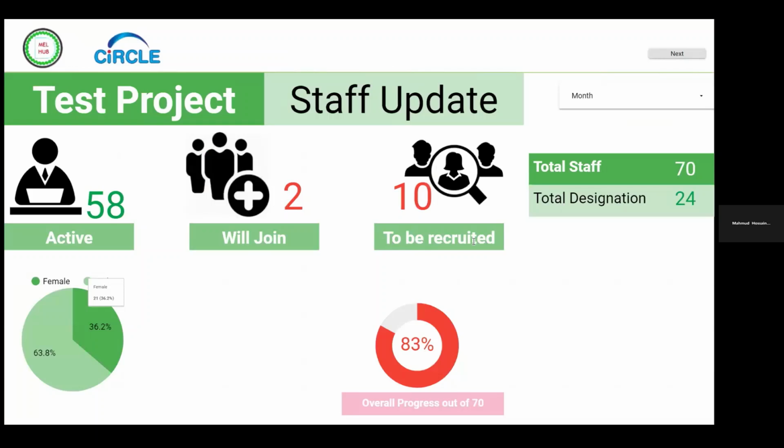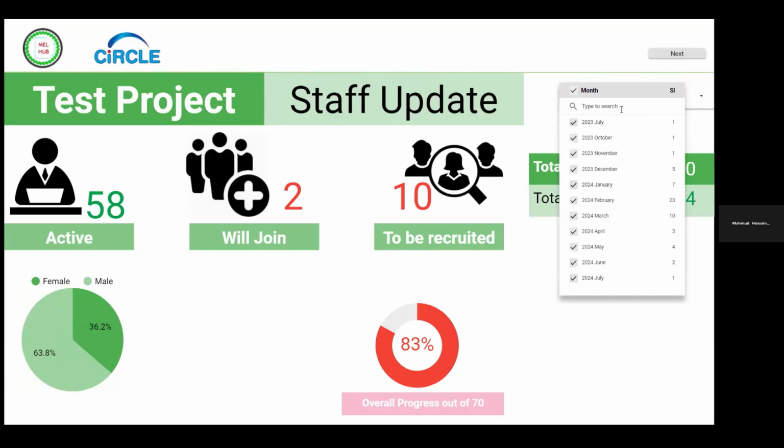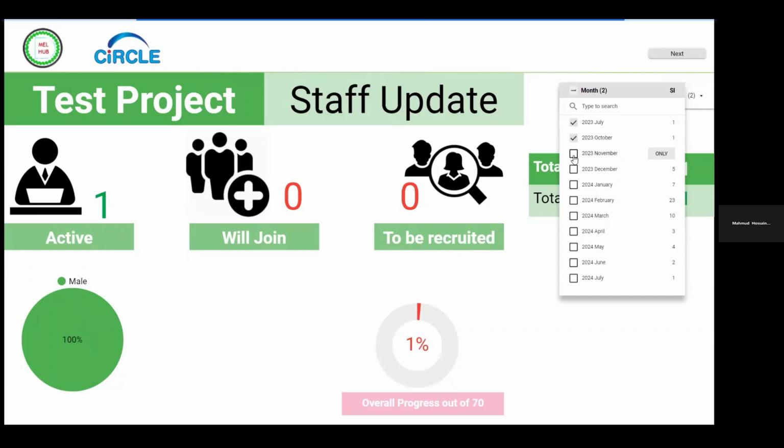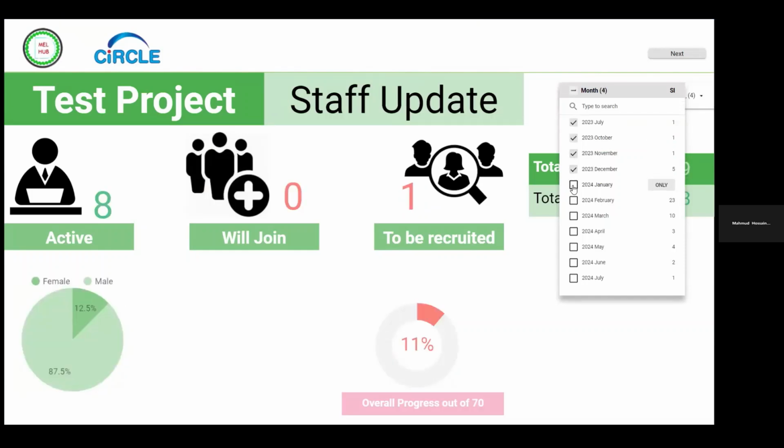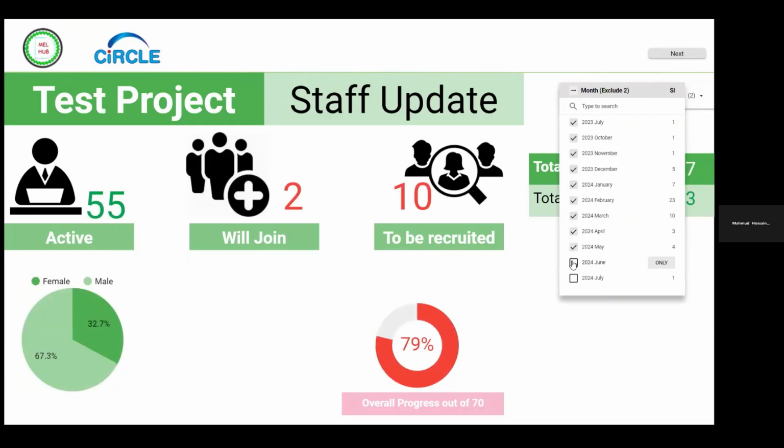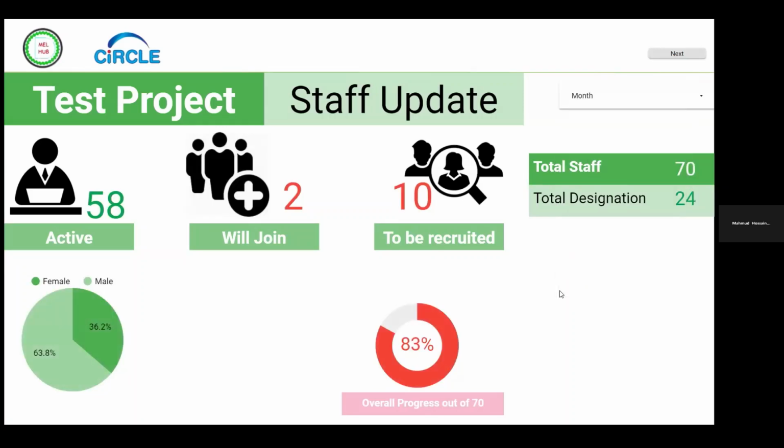We can just go through this. This is our test project. For our staff, we see active staff, joint staff, recruited staff. Here are the male and female among the active staff and the progress rate. Our total staff is 70 and resignation is 24. We can easily track the progress from July through October, November, December, January, February, March, April, May, June, July. And here is a button.